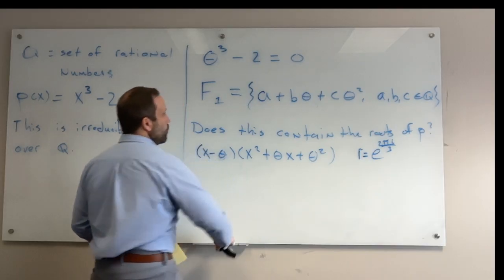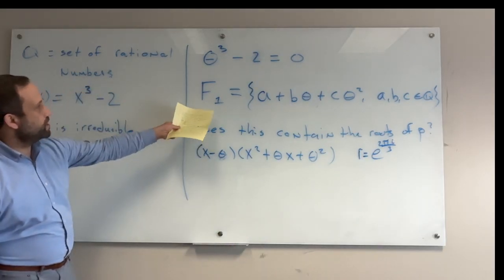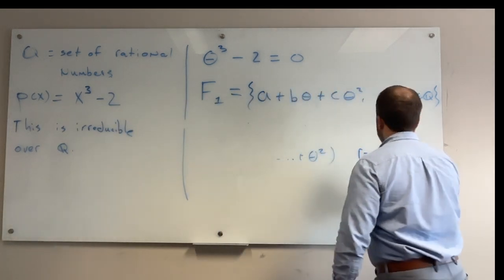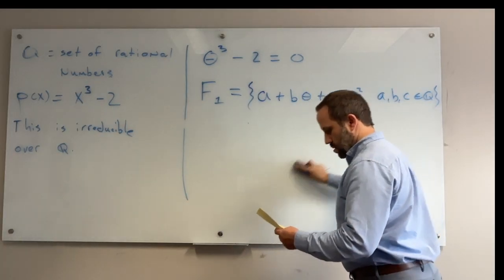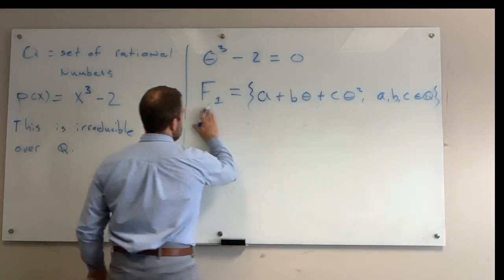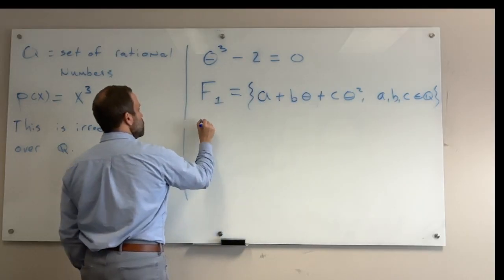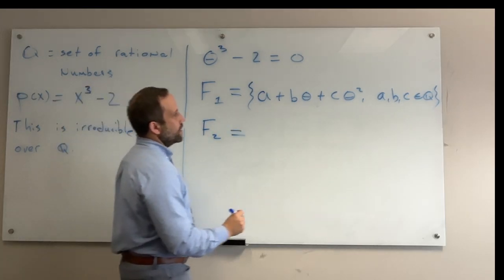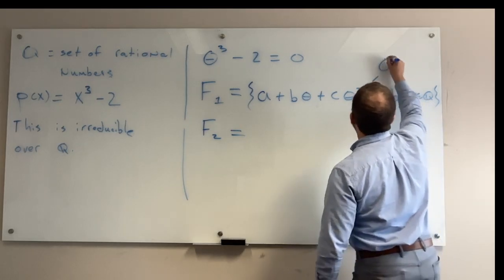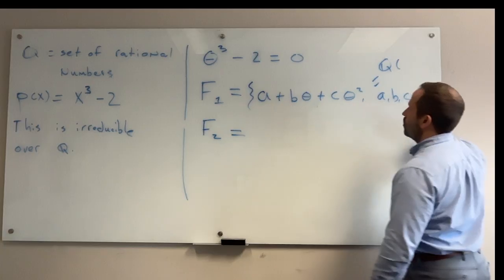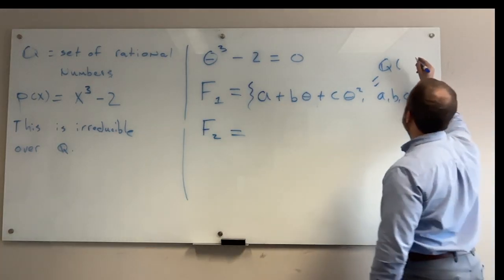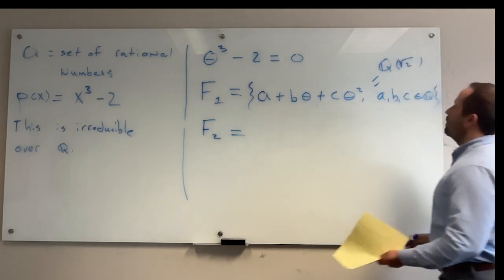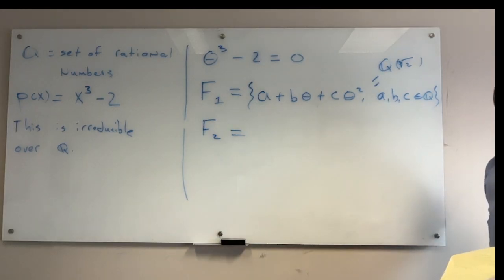Okay, so one way that we can do this is we can call this F1. And now for F2, this right here would be Q with the third root of 2 appended, or adjoined.